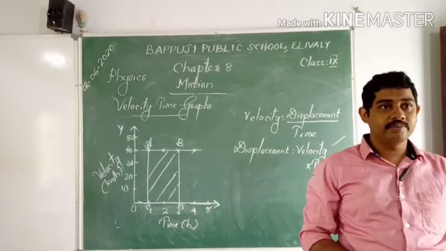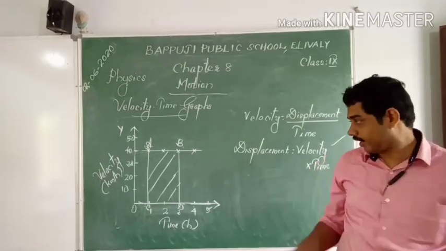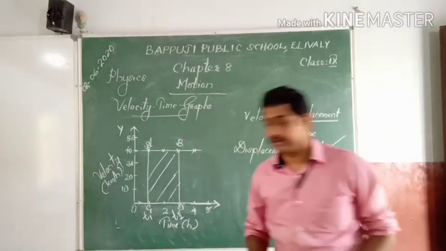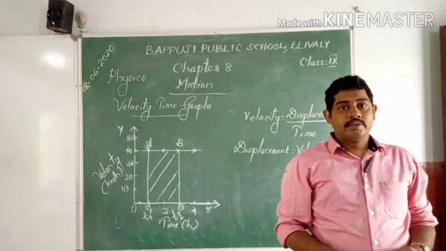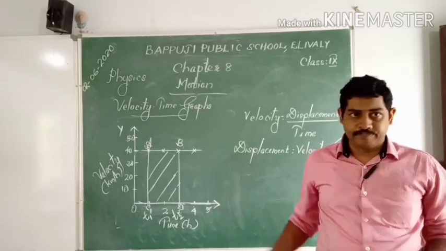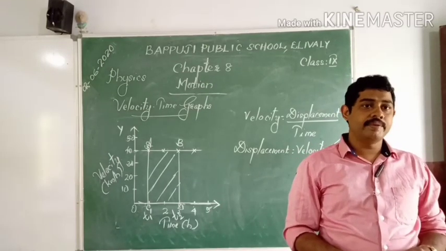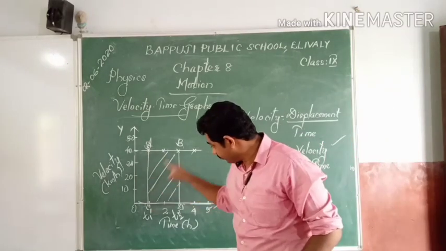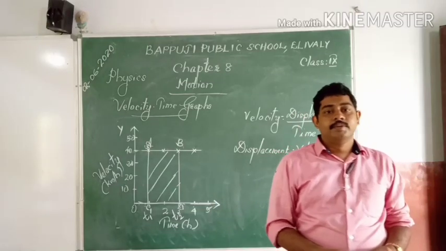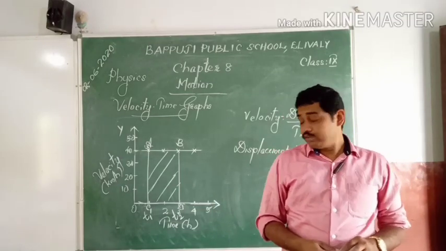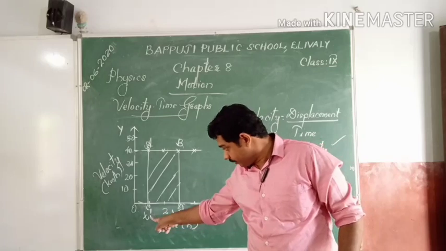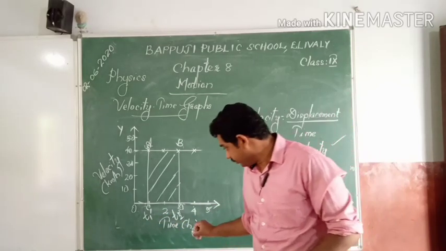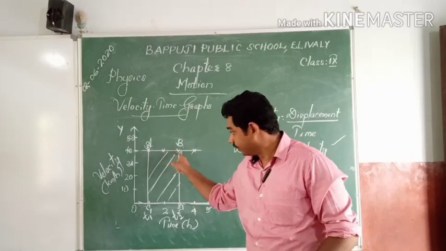To know the distance moved by the car between times t1 and t2, where t1 and t2 are two time intervals, using this graph, the velocity of 40 km per hour is represented by the height AC or BD, and the time t2 minus t1 is represented by AB.